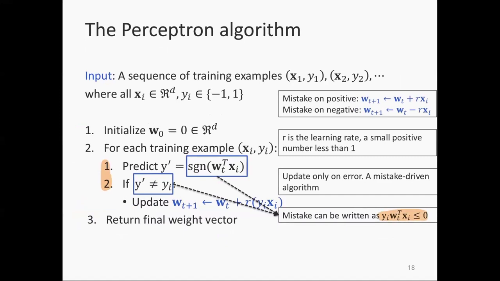You don't have to actually make a prediction and then check. You can just say if yi W transpose X is less than or equal to 0, you make an update. It's a tiny technical detail, but it becomes useful eventually when we start talking about loss functions and such things. But any questions about the mechanics of the algorithm? Let's not worry about why this works. Do you understand what is happening here? If you had to implement it, could you do it?